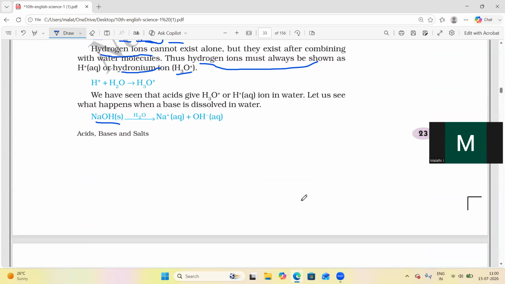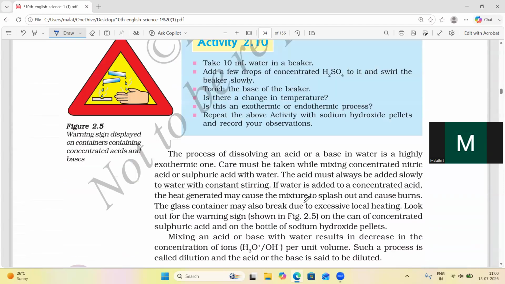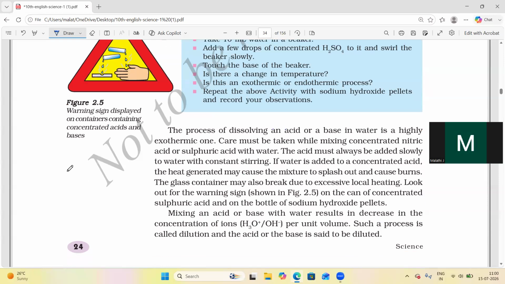How do you add? Will you add acid into the water or water into the acid? How will we do dilution?